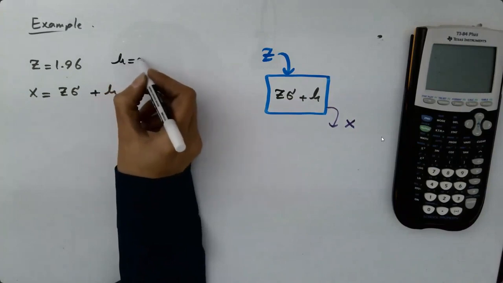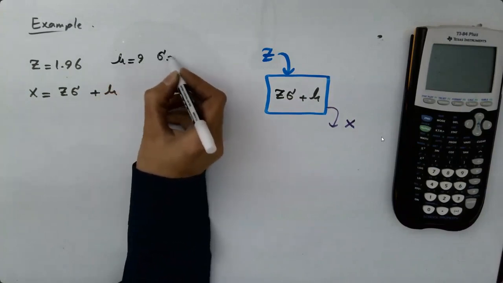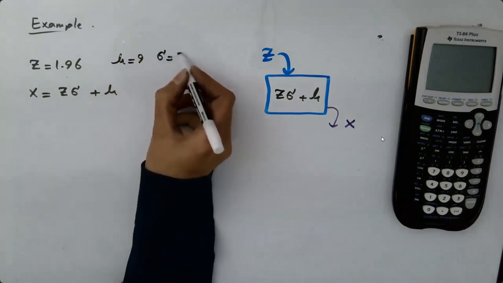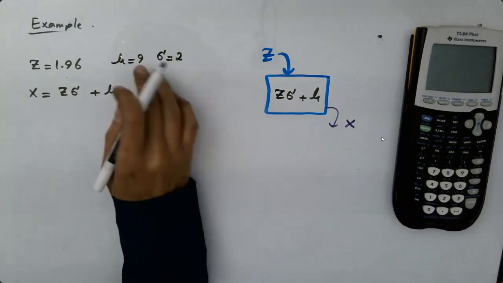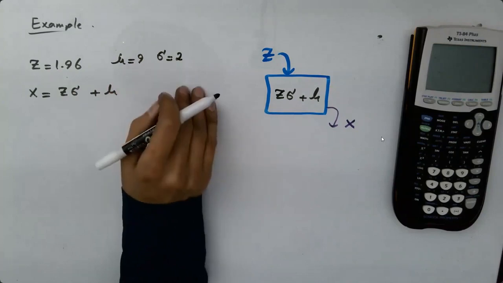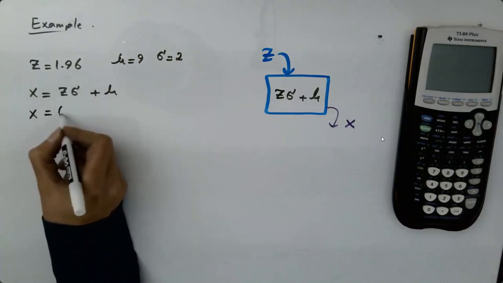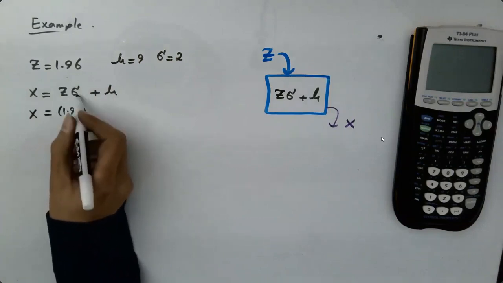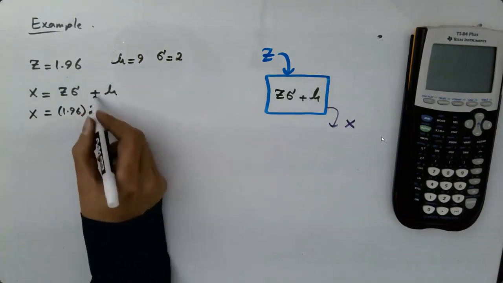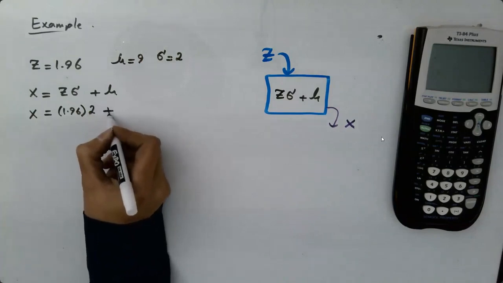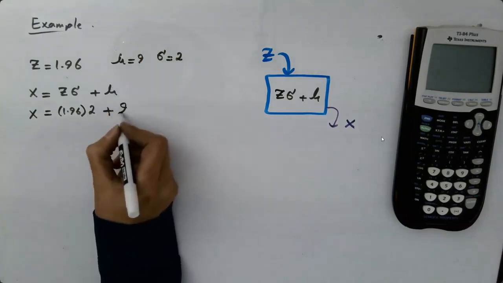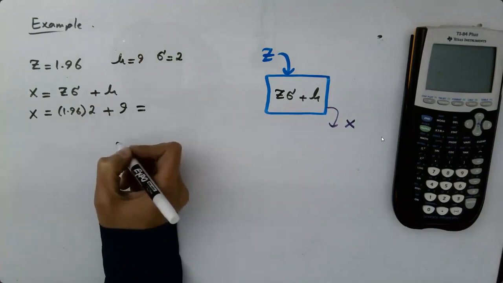Well, it says the mean weight is 9 and the standard deviation is 2 pounds. I have this information. So my x, the weight of the cat, is 1.96 times sigma, which is 2, plus, you copy down the plus sign, the mean, which is 9. What is the weight of that cat?